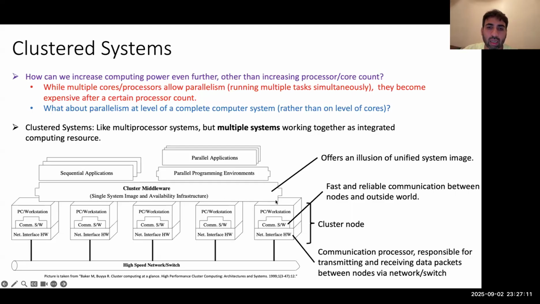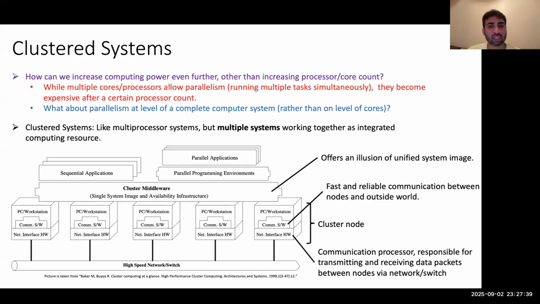And then there is a layer named cluster middleware, whose job is to offer an illusion of a unified system image. To the user, it looks like, for example, when you are programming on your machine, like a laptop or desktop, doesn't matter. If you are programming in a higher level language, you don't care about the internal architecture of the processor in your machine, right?